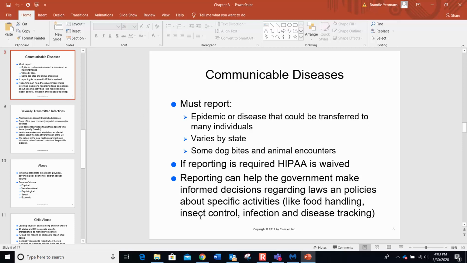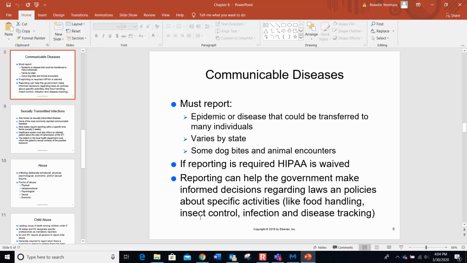In your textbook, it also talks about there are more than 120 nationally notifiable diseases, but here locally, some that we like to talk about are tuberculosis, rubella and rubeola, tetanus, diphtheria, cholera, rheumatic fever, poliomyelitis, acquired immunodeficiency syndrome, which we all know as AIDS, meningitis, and then there are certain strains of influenza such as the swine flu, STDs, and the Zika virus, and of course, right now what we're dealing with, COVID-19.